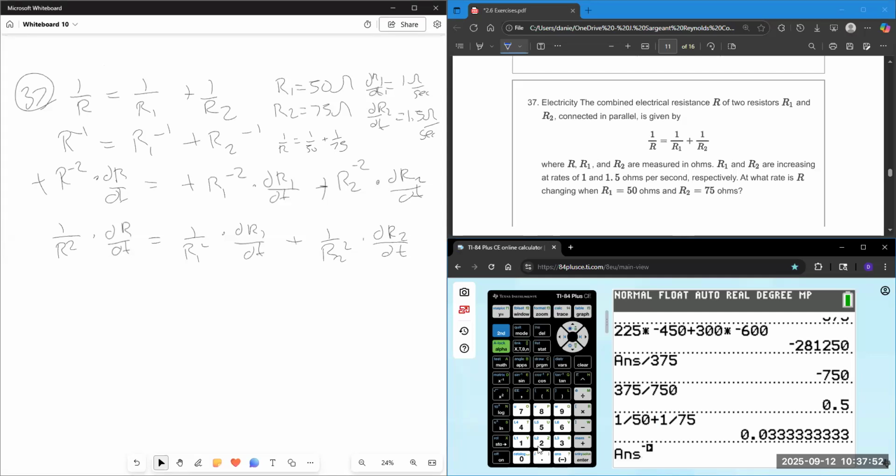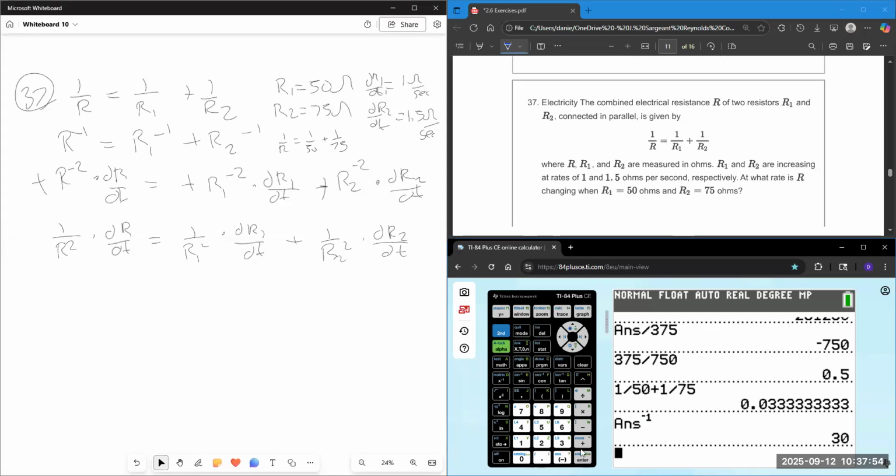Let's raise that to the negative first power, and I get R equals 30 ohms.